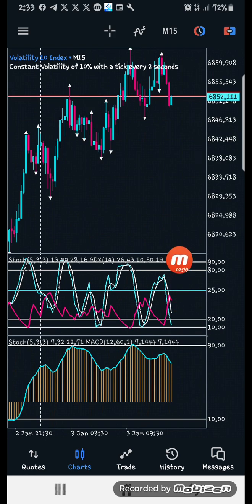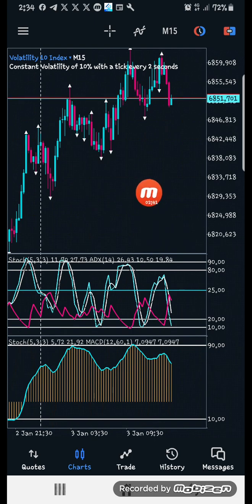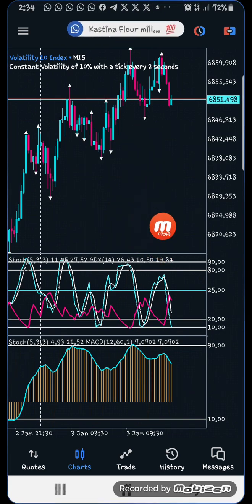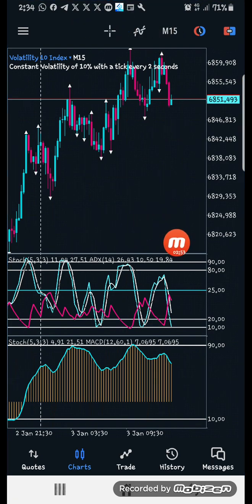You understand? So the ADX and the candlesticks, or the trend, always go in opposite directions. But the stochastic moves in the same direction as the market, or should I say the candle.